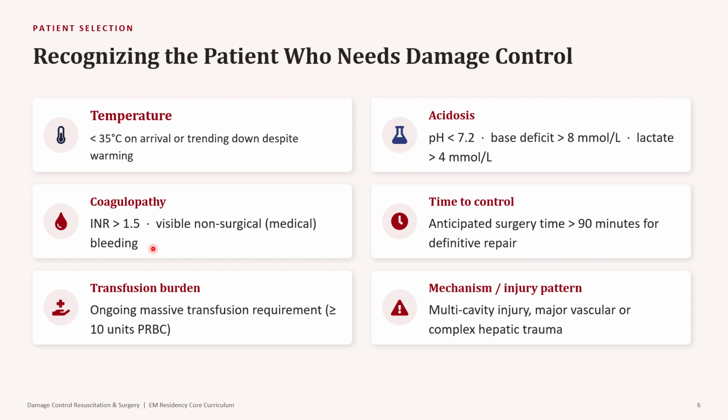Coagulopathy with INR greater than 1.5 or visible non-surgical medical bleeding. Transfusion burden: ongoing massive transfusion requirement, requiring greater than 10 units of PRBC in 24 hours. Acidosis with pH less than 7.2 and base deficit greater than 8 millimoles per liter, with a lactate of greater than 4 millimoles per liter.